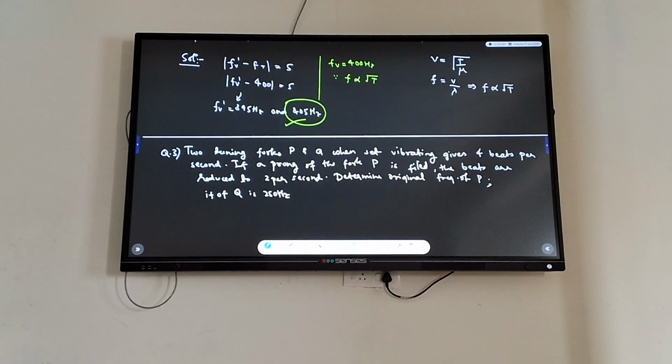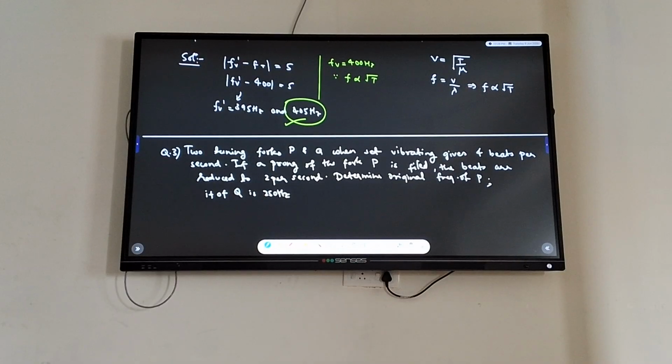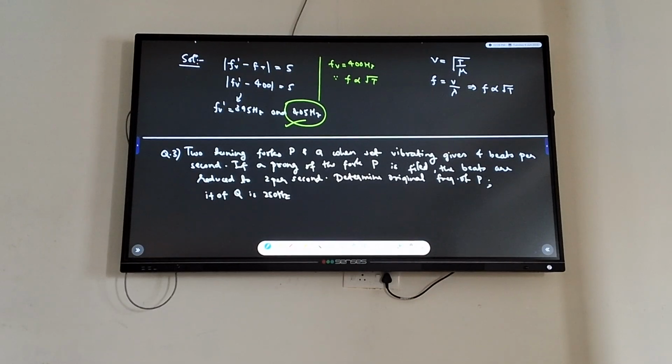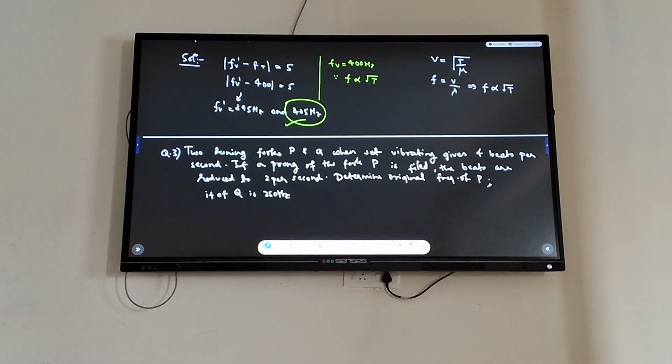Because then if that increases to 248, then the beats would decrease. Yes, yes, correct. 246 is correct. Anybody else?